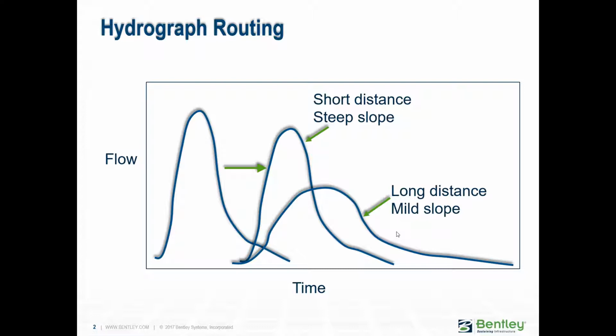So it just kind of moves slower. And it shifts. So the volume under that curve is the same. But how it spreads over time has changed, right? And this is what we were calling attenuation changes. So depending on the size and configuration of your system, the hydrograph shape can change quite a bit.